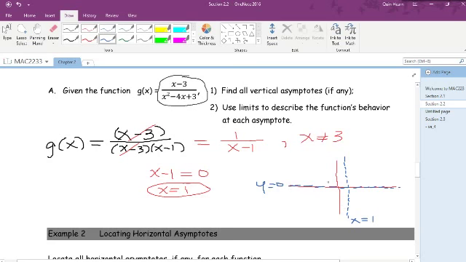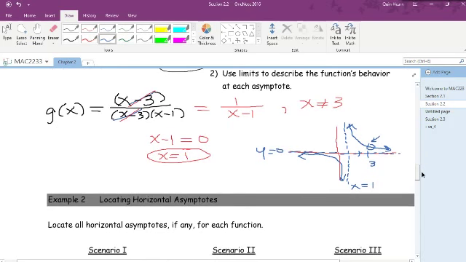We'll talk about why that happens in a minute. And then it looks like this. This is what 1 over x minus 1 would look like. But it's undefined when x is 3. So there's actually a hole in the graph at 3. So it has one vertical asymptote and then a hole. Whatever factors cancel, that tells you that you have a hole, a little open dot in the graph.